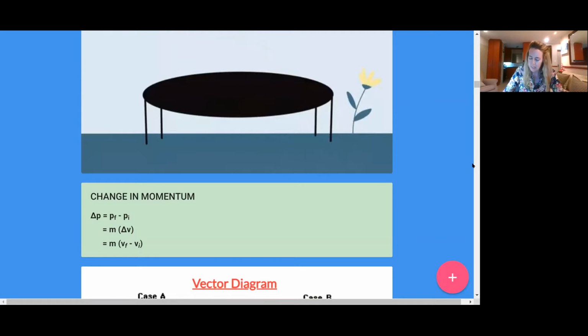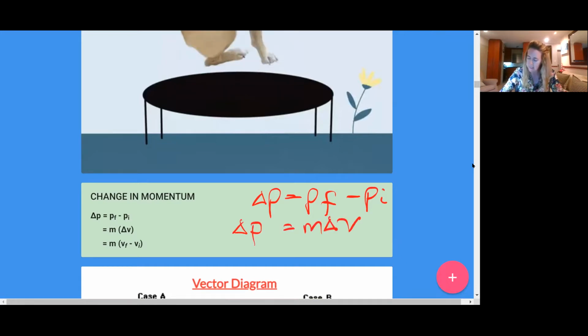Please therefore take note that we can have this formula for momentum, delta P is equal to final take away initial momenta. It is also equal to mass times change in velocity, and that is also equal to mass multiplied with final take away initial velocity.